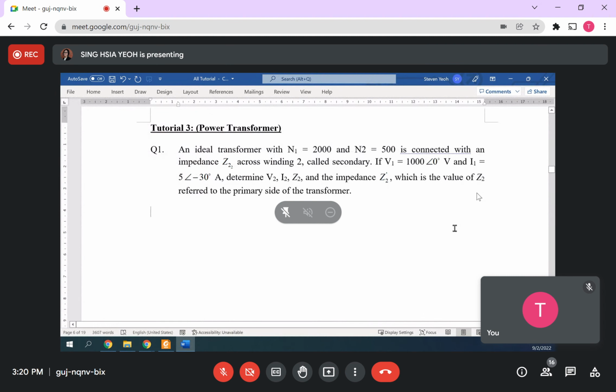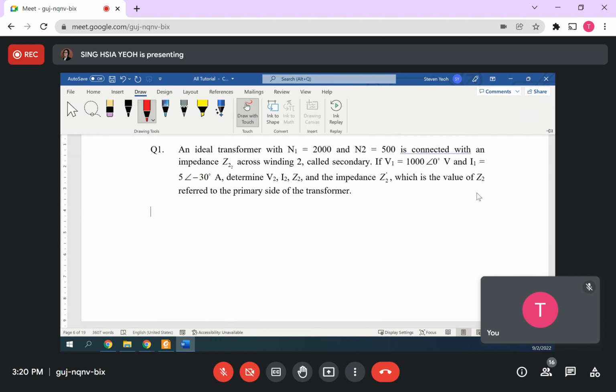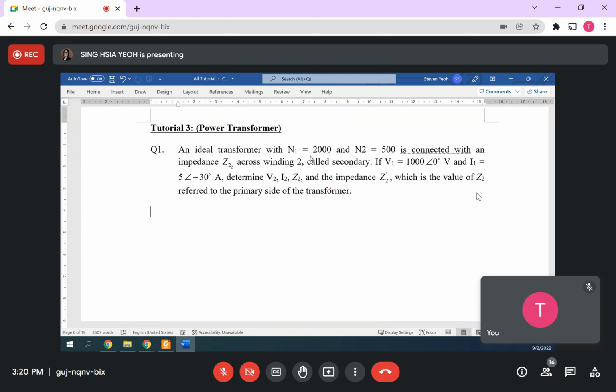Okay, then we look at tutorial 3 question 1. It should be quite easy. An ideal transformer with N1, the primary turns, 2000 turns for the coils, and N2 500 is connected with an impedance Z2 across winding 2, the secondary.